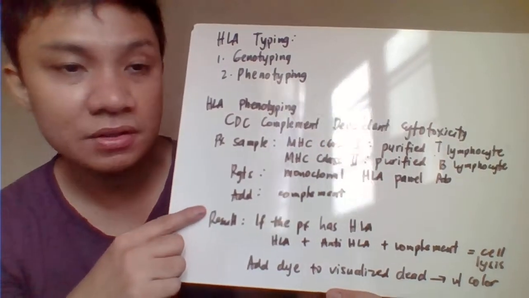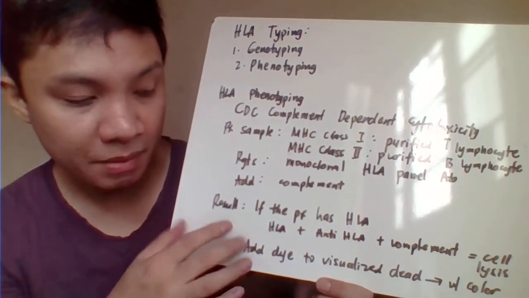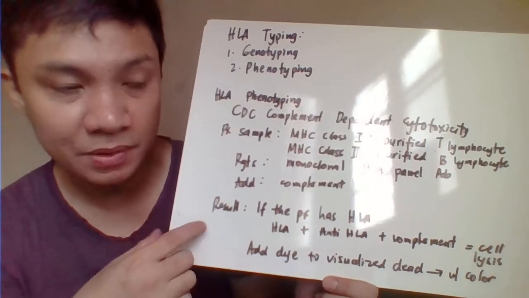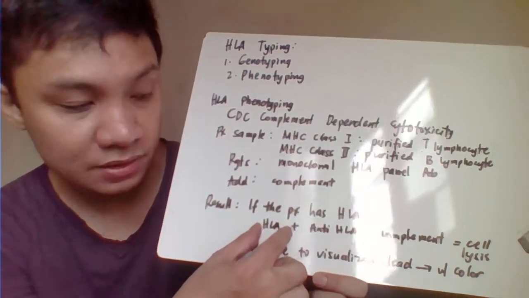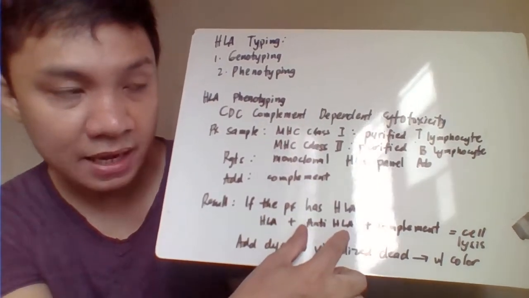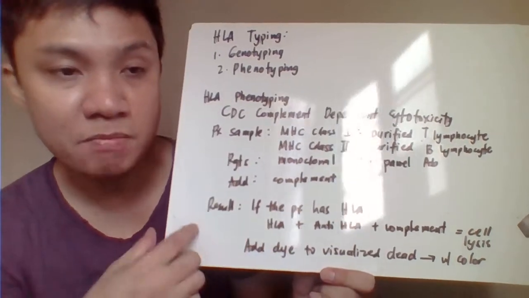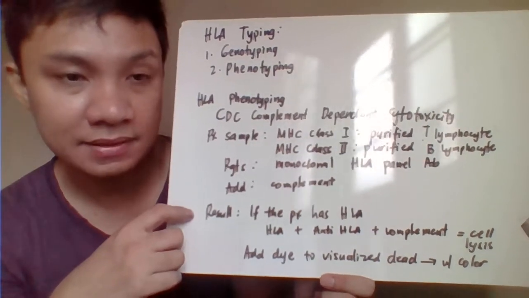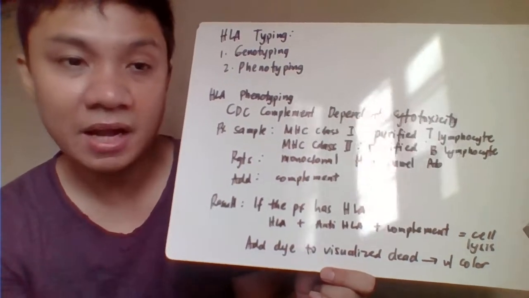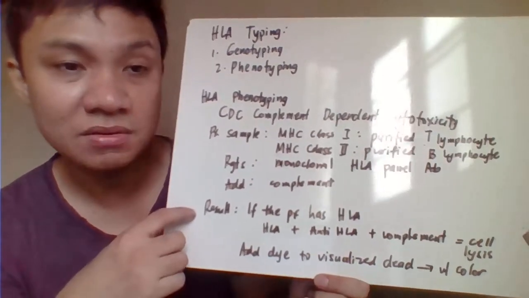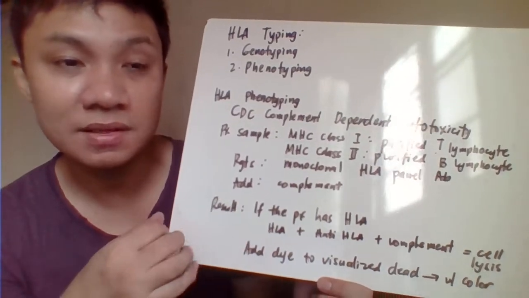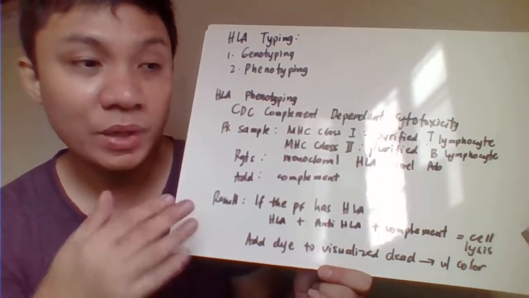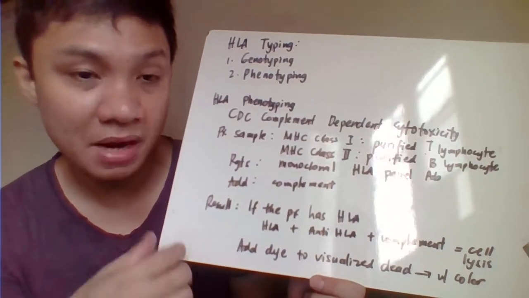Then after that, you add the complement. So the basic principle here is that if you have your HLA antigen and your anti-HLA antibody, they are able to form an immune complex. Then pag nag-add tayo ng complement, it would result in cell lysis. So if your reaction results in cell lysis, it means that the patient contains a specific HLA antigen with your corresponding HLA antibody or agent.